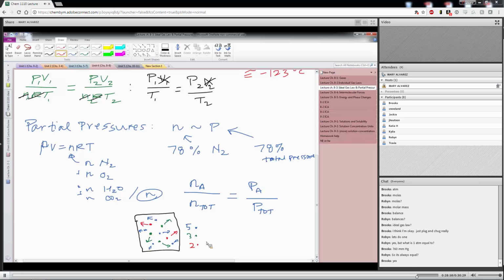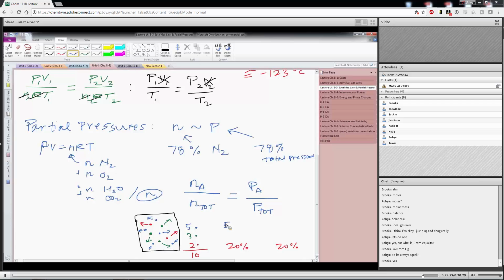I specifically chose that number because it then adds up to 10, right? 10 particles here. 2 out of every 10 are red, so 20% of my particles are my red gas, and therefore 20% of the collisions on the surface come from that red gas. So 20% of the pressure that's felt comes from collisions from the red particles.